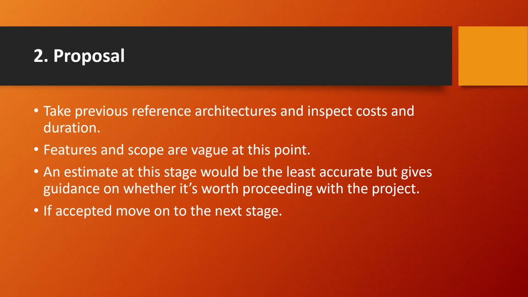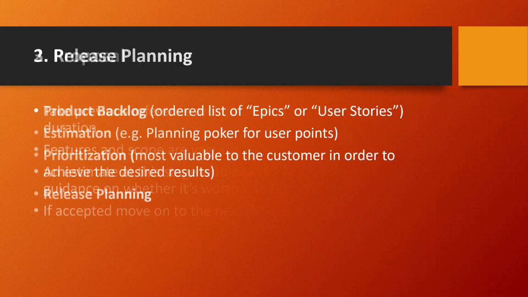How is this going to look and how much is it going to cost? And if accepted in this stage, we move to the third stage, and that's the release planning. And this is the fact that I mentioned before in the engineering cost assumptions or calculations, previous slides back.